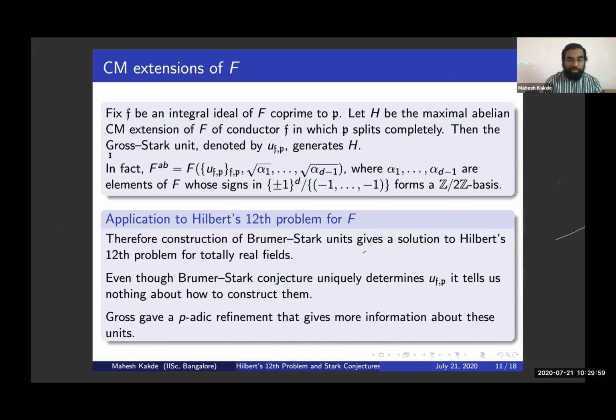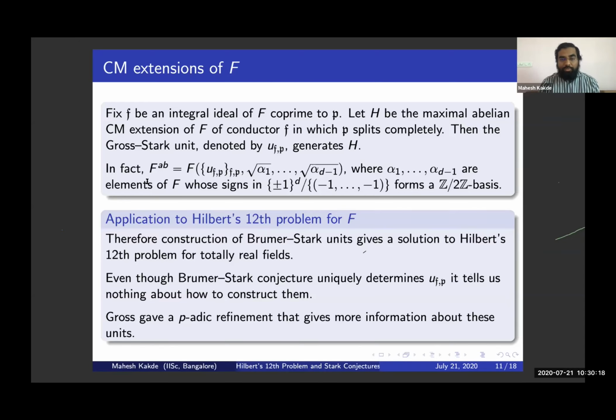Sometimes I call this Gross-Stark unit, but I meant here Brumer-Stark unit. So then there's this Brumer-Stark unit u_{𝔣,p}, and one can show that this unit actually generates H. So H is F adjoined this unit.